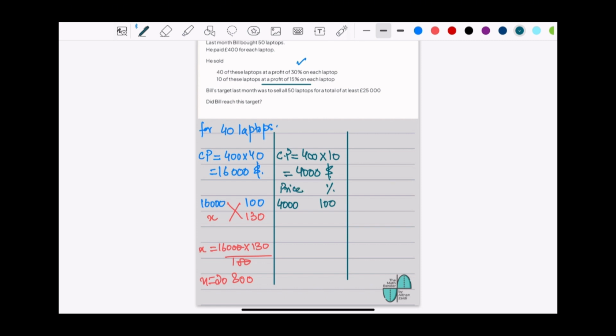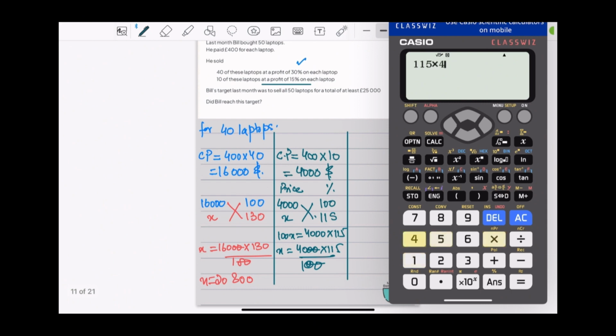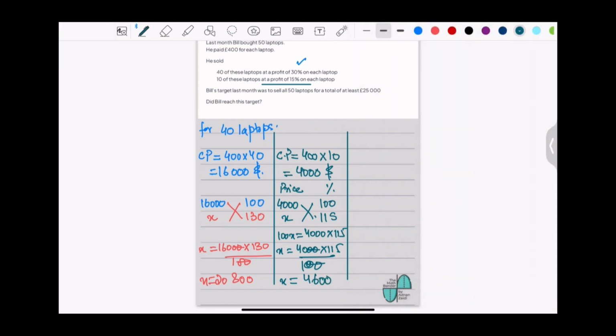The profit on each laptop was 15%, so the total price will be 115%. So 100x is going to be 4,000 times 115, and x is equal to 4,000 times 115 over 100. The two zeros go away. So x is equal to $4,600.